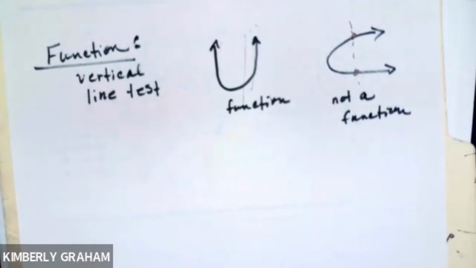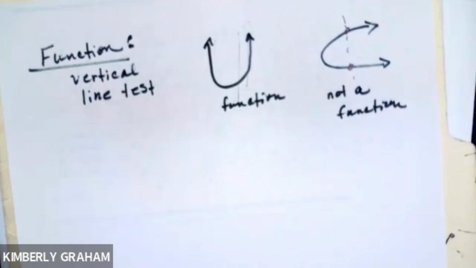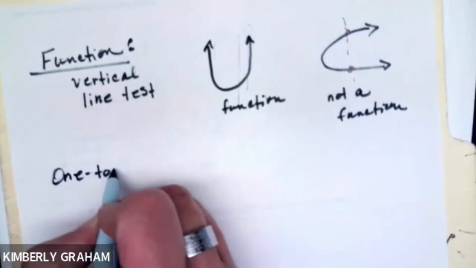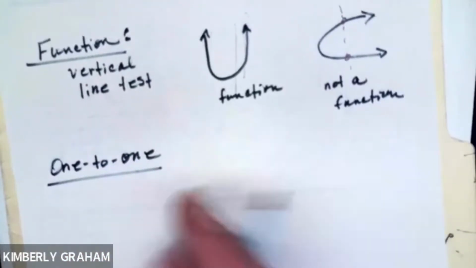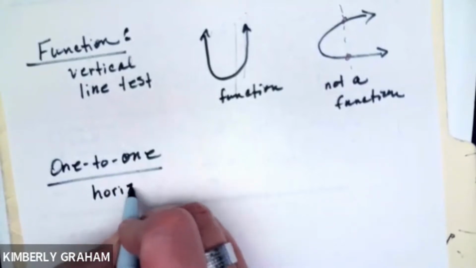Once we looked at graphs and functions, then we also looked at inverses. And the way that we would look at a graph or an equation and figure out if it had an inverse, if it was 1-to-1, and what we did with our graph was look at the horizontal line test.